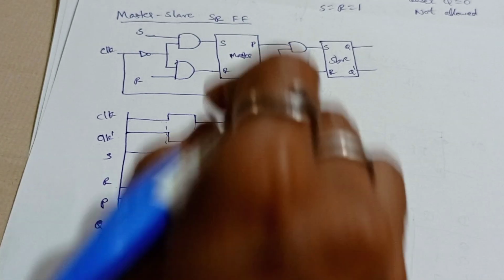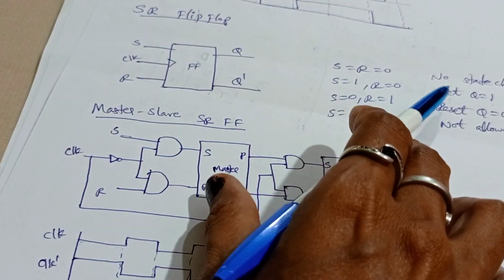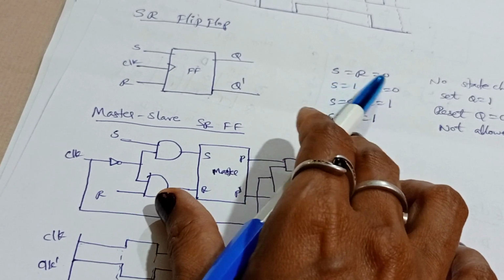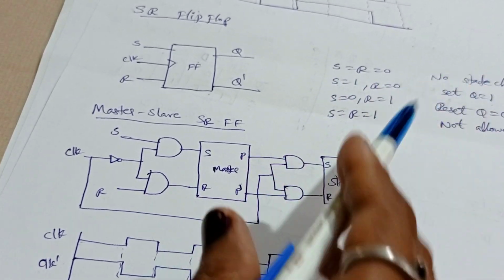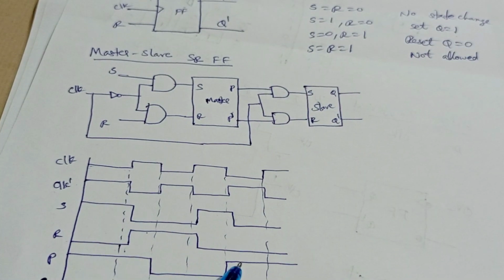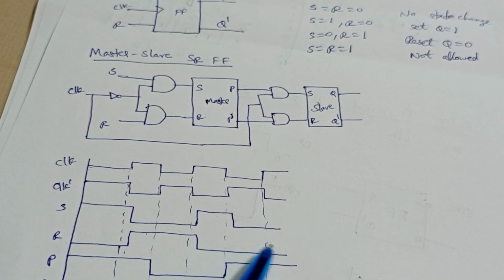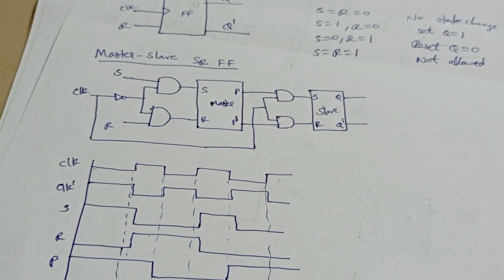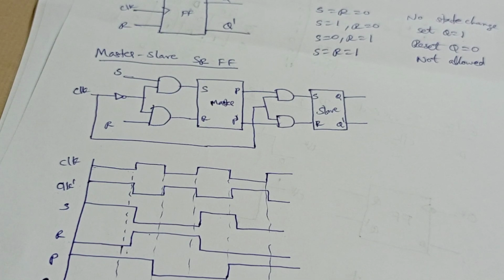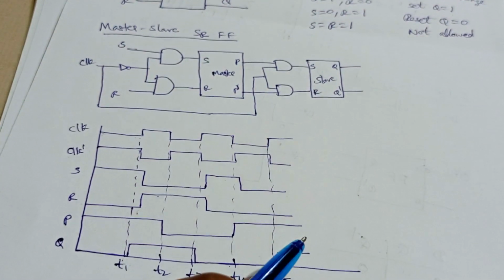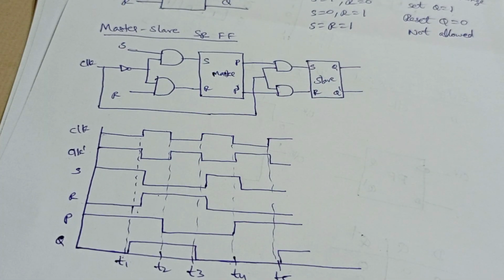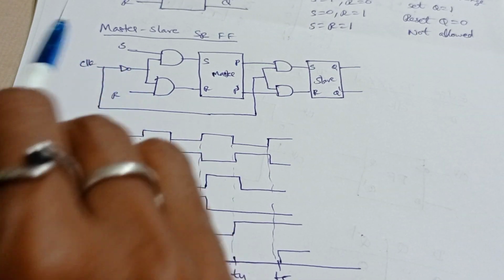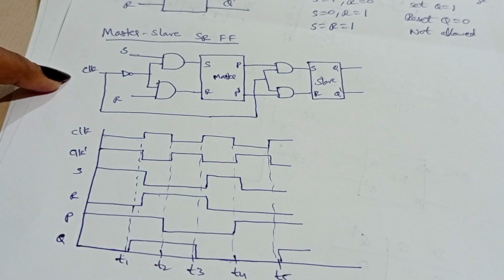That is the actual SR flip-flop. When S equals R equals 0, there is no state change. But here it is 0 0 and it is changing. This is the problem. We can solve this by giving the clock when the clock is high.